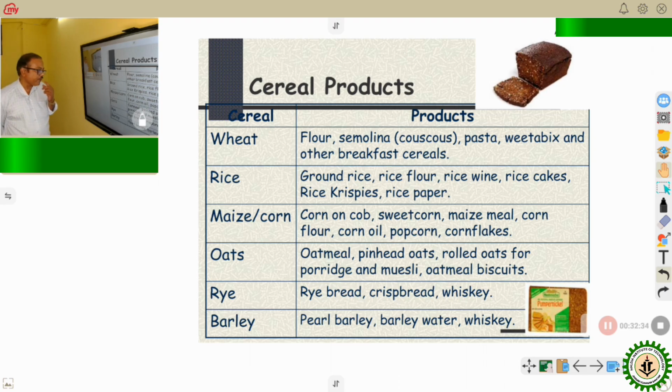Typically, oat is the cereal grain which does not contain a very high percentage of prolamine, the 70% alcohol soluble protein. Unlike wheat flour, it contains a very high percentage of albumin and globulin. This protein, the albumin and globulin, predominates, and that is why oat flour cannot be used for production of leavened products.